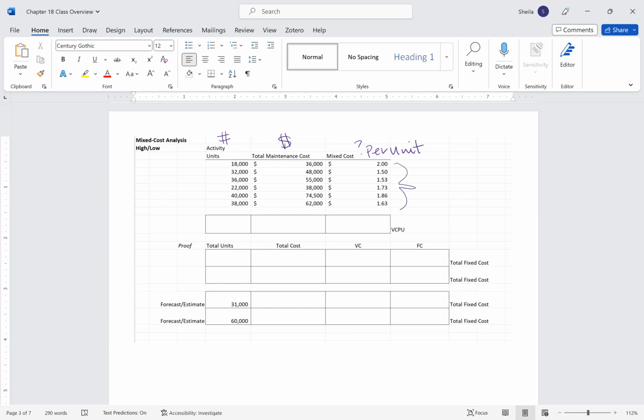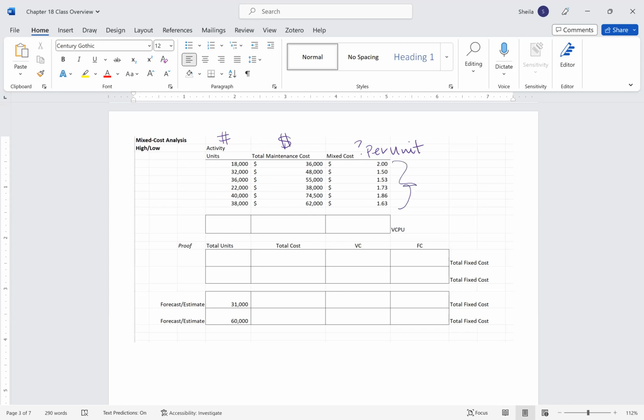So they are not variable costs. What do we know about fixed cost per unit? Well, they vary inversely with activities. So the more activity we have, the lower the per unit cost. But notice that that's not varying in direct proportion with any number, okay? They're kind of just all scattered all over the place.